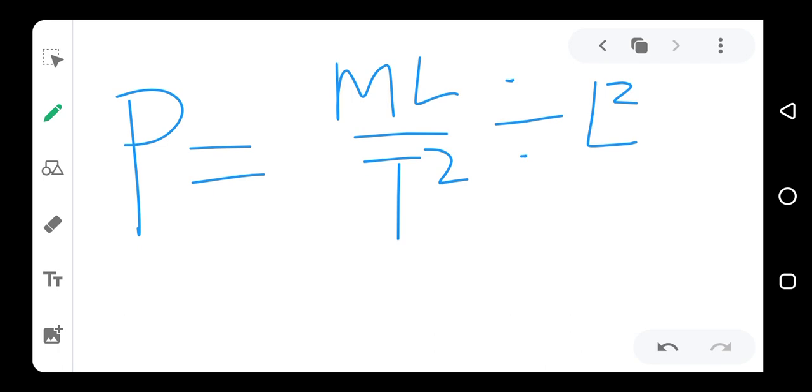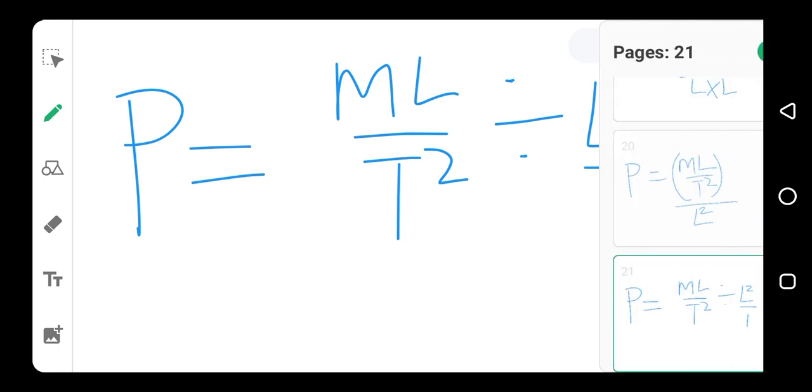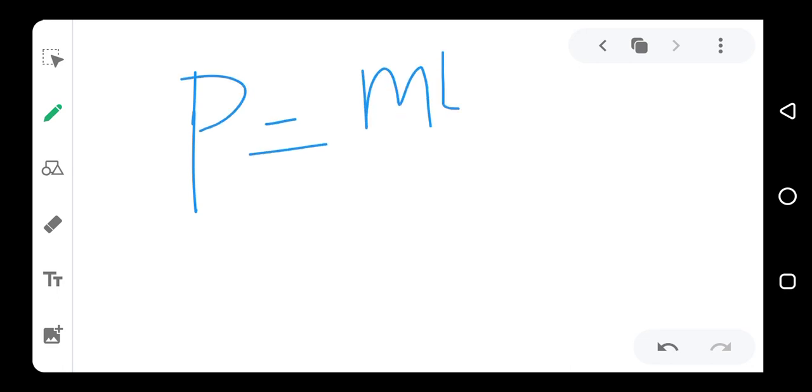Anything standing on its own is the same as that thing or that number divided by 1. So we can say that this is ml over T squared divided by L squared over 1. And so we have that P is equal to ml over T squared.